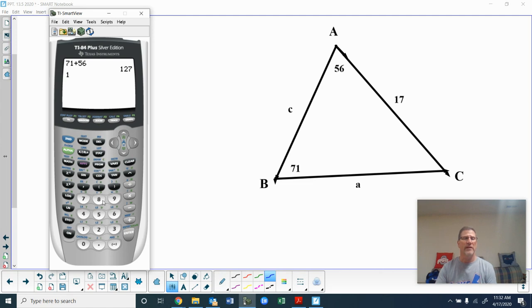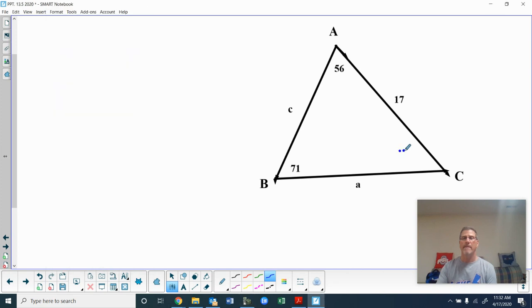And then go 180 minus that answer. Second negative sign is for answer. So that's 53. So angle C is 53. All right. So I got angle B and side B. That's how I'm going to set it up.